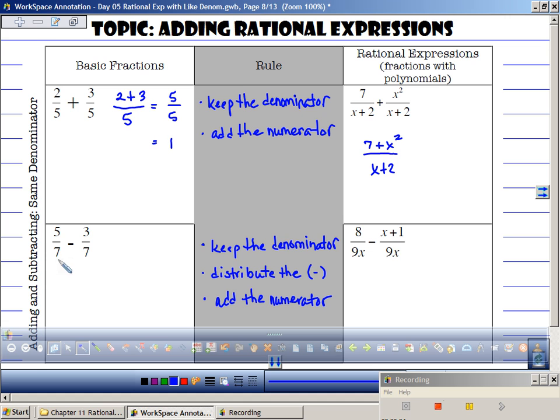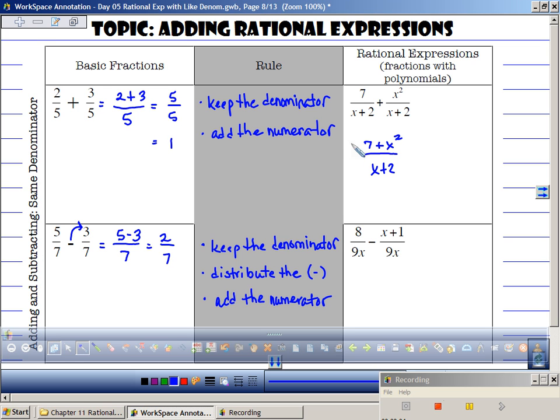So let's do this one. I would keep my denominator, have an equal sign right here. Keep my denominator of 7, distribute the negative to this 3, and I get 5 and negative 3. What is 5 and negative 3? 2 over 7.